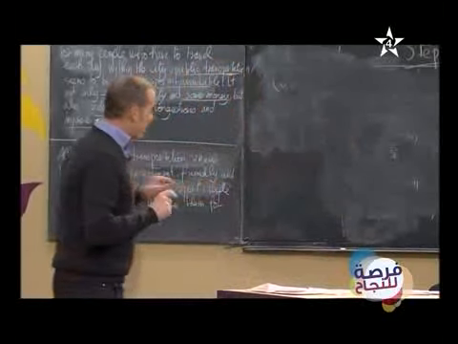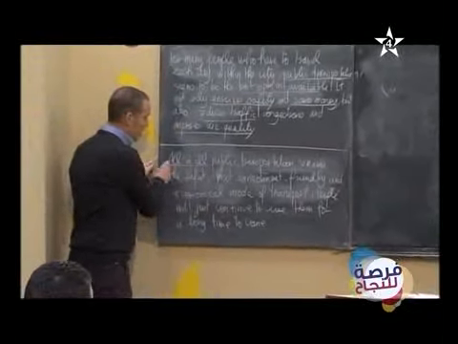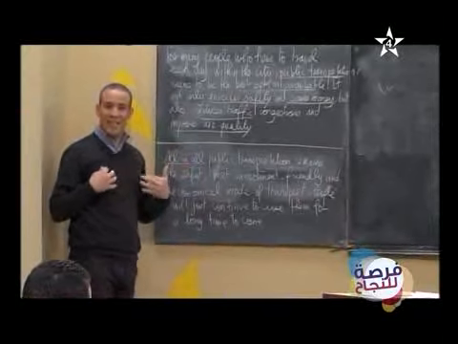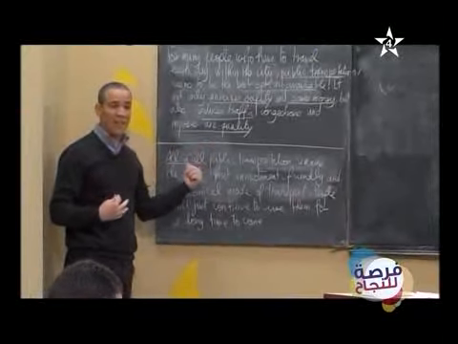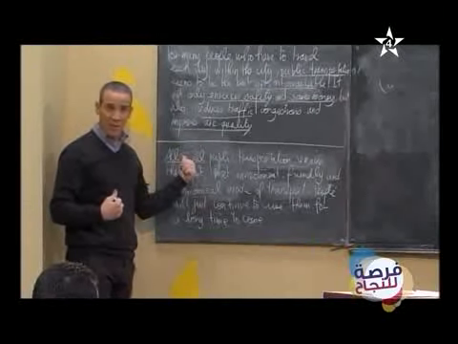Remember, the first thing I have to do is to use what? In order to show that this is my conclusion, I have to show it with the right transitional phrase, which is all in all.